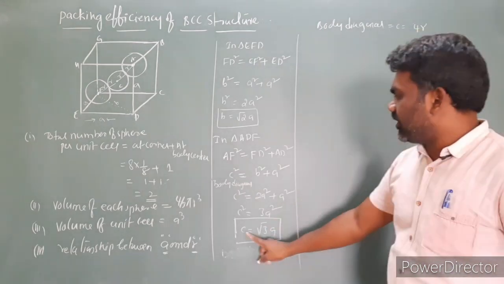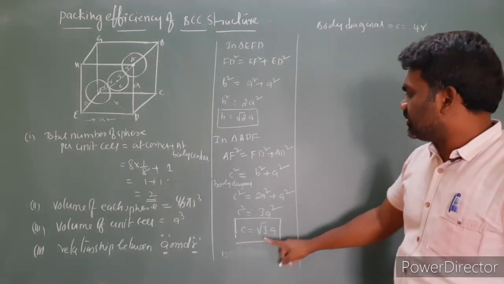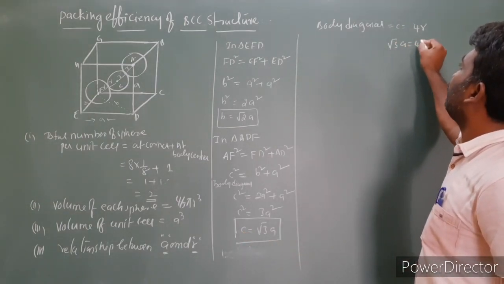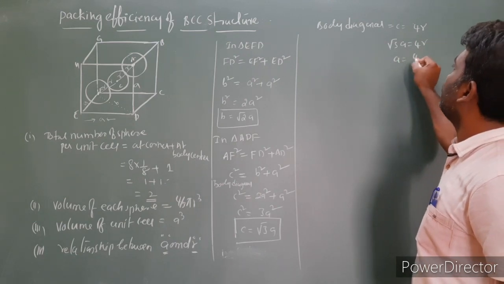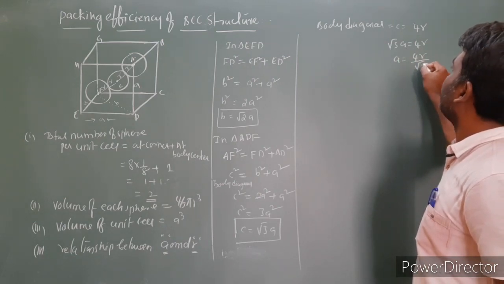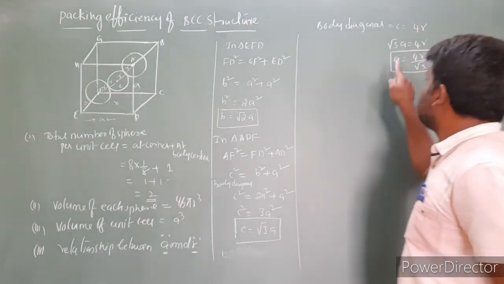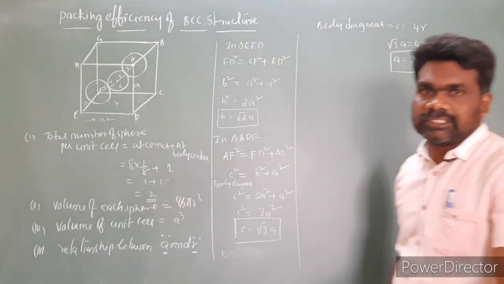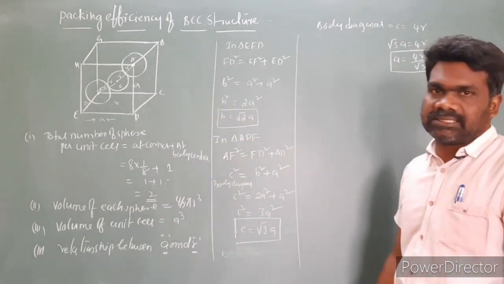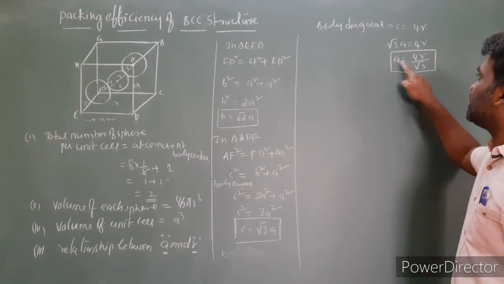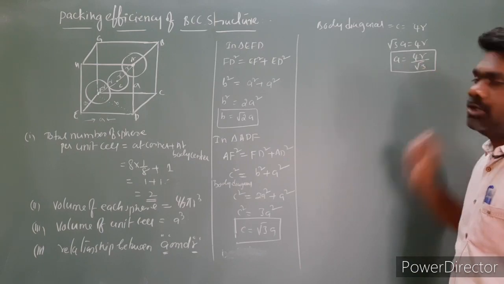The C is nothing but root 3 A. So root 3 A is equal to 4R. So A is equal to 4R by root 3. This is the relationship between the edge length and the radius of a sphere for the BCC structure: A is equal to 4R by root 3.